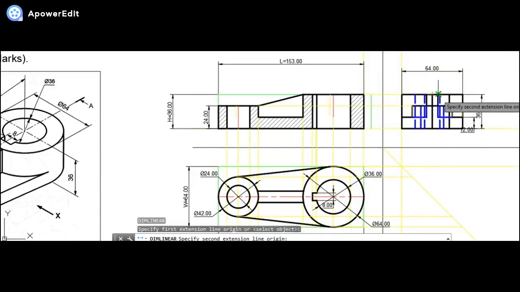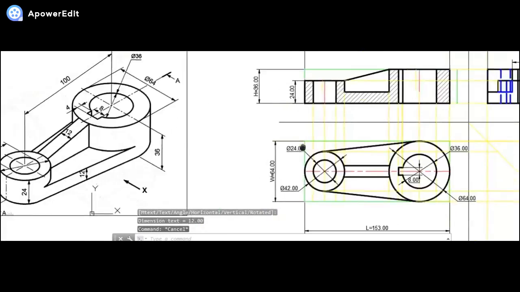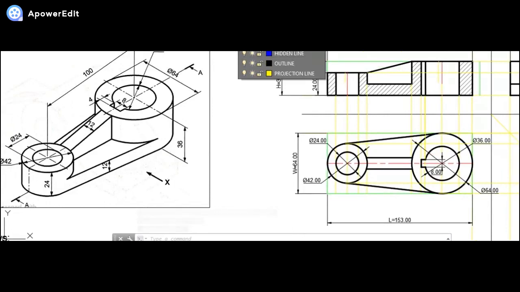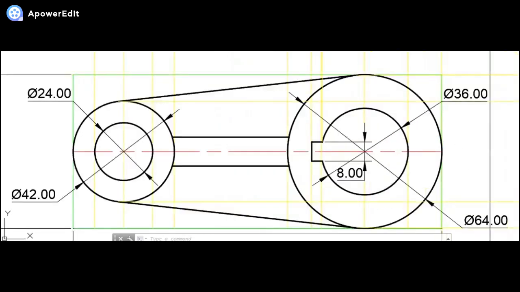The rib dimension, we are showing it like this. That is nothing but 12. Now we hope that almost all the dimensions are done from our part. So it will be done like this. Now simply let's just name the views.